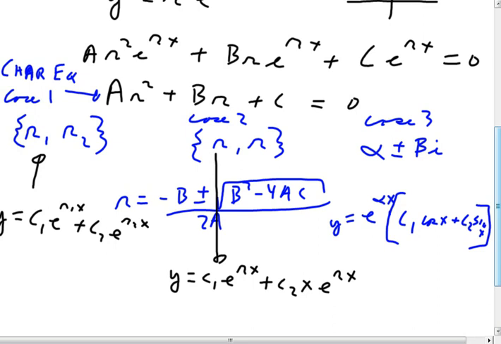So now, if I have a differential equation that only has numbers for their coefficients, and they're not y of x or an x squared or something weird like that, then I can find the characteristic equation and use it to solve that differential equation.